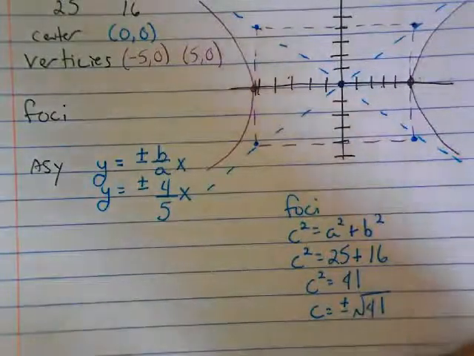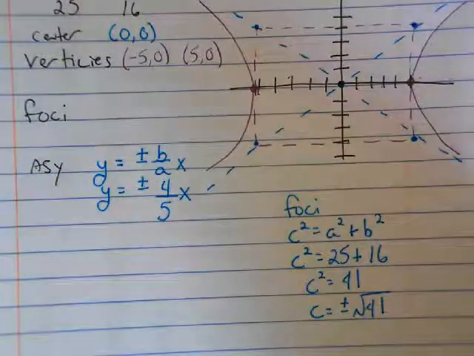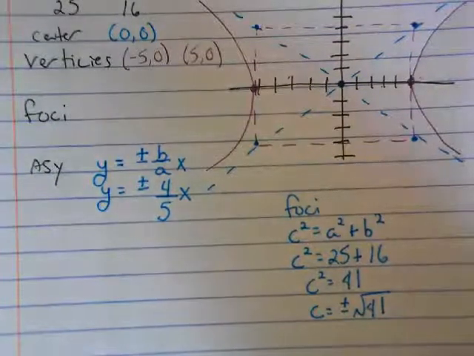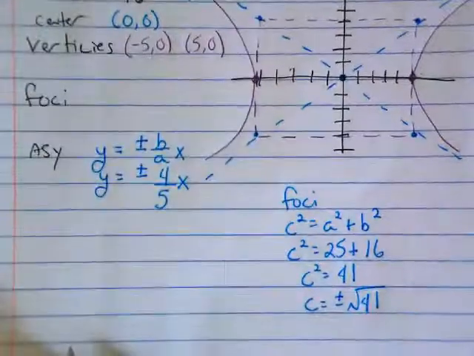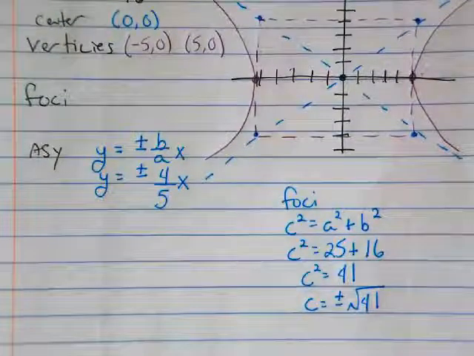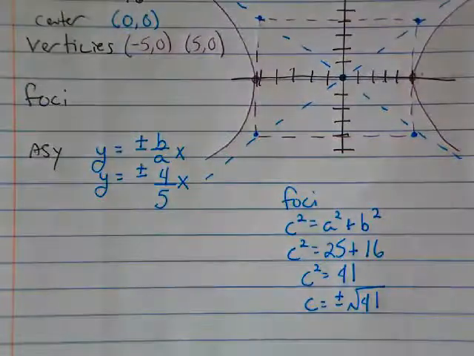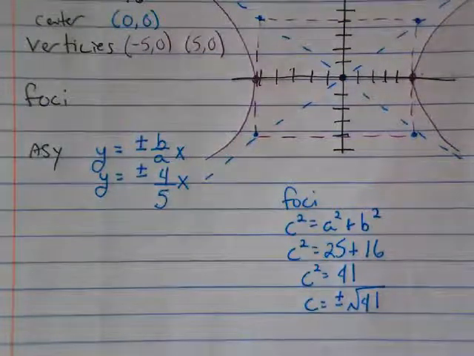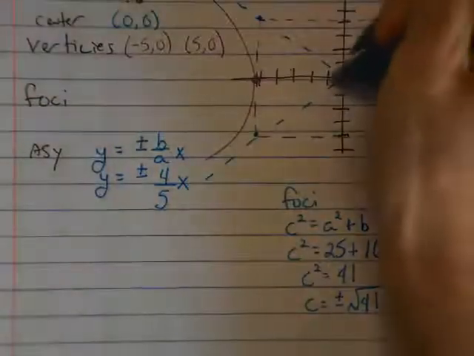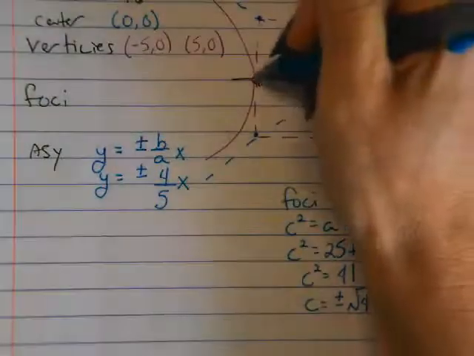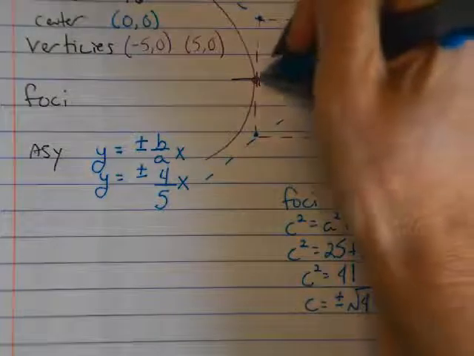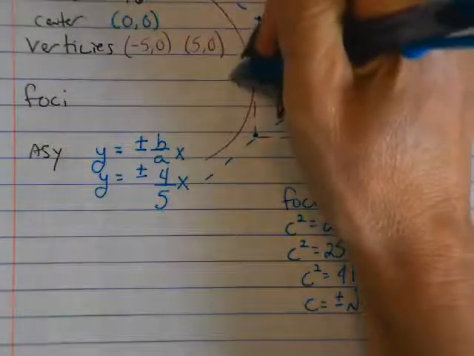And again, you can certainly grab your calculator and type in what the square root of 41 is. Okay? So the square root of 41, if I type it in my calculator, is about 6.4. So I can go 1, 2, 3, 4, 5, and 6 and a little bit.